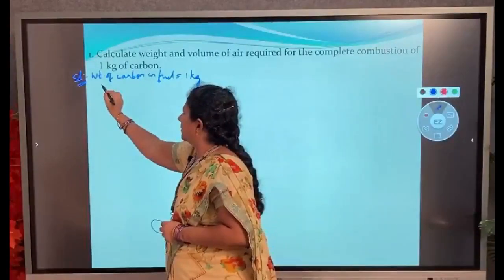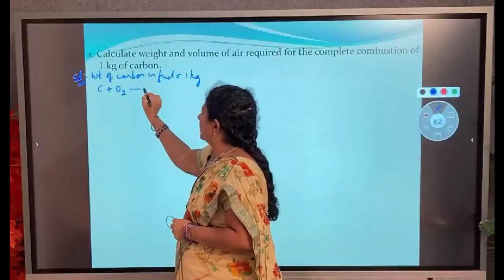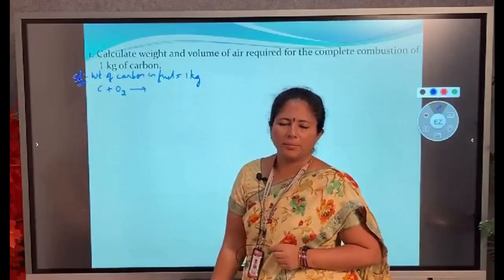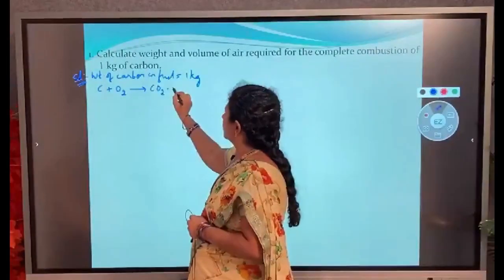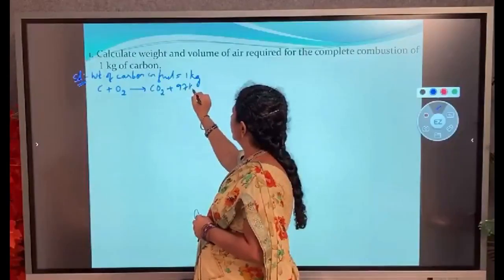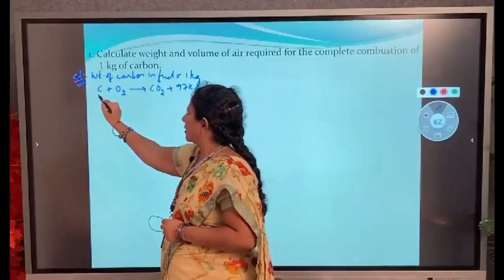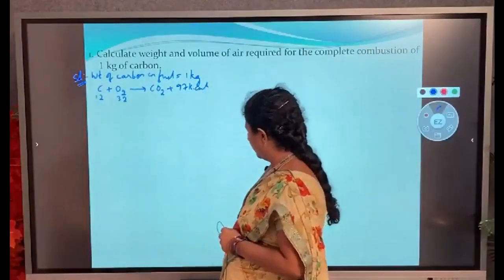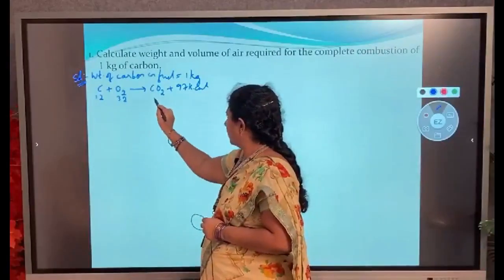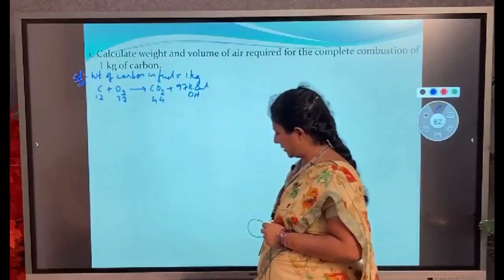The combustion reaction is carbon burning in presence of oxygen gives rise to CO2 plus 97 kilocalories of heat released. Carbon has atomic weight 12, oxygen 32, which gives rise to 44. This is the heat released.